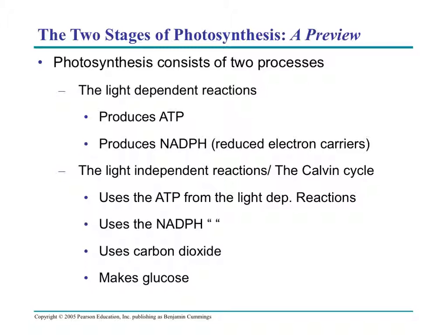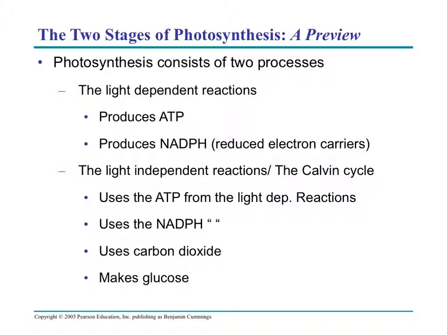So in our two processes, we're going to come back to this whole idea of excited electrons, but let's just go back and make sure we understand the basics of the two stages of photosynthesis. We have the light reactions, which obviously require photons to strike them, where we capture the energy from those excited electrons. And then we have the light independent reactions. When I was in college, we called them the dark reactions, or you can call it the Calvin cycle.